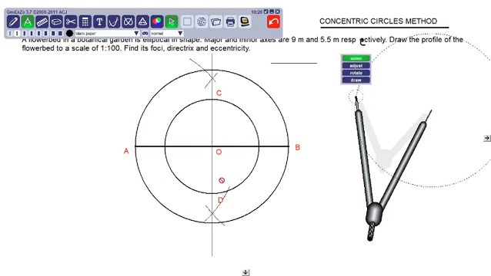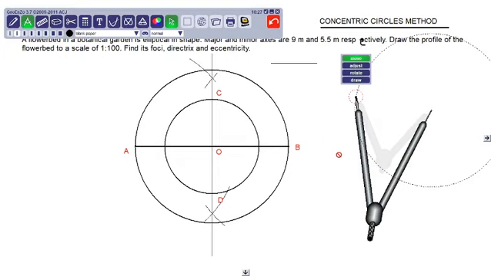Okay, what I did, I made O as the center, minor axis as the diameter. I have drawn a circle because we said concentric circle method, so circle is required. Then again O as the center, AB as the diameter, I have drawn a circle. So two circles I have drawn, their centers are O. Now what I have to do, I have to divide this circle into 12 equal parts.